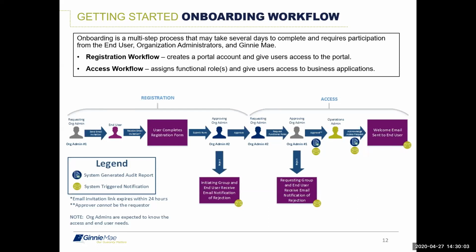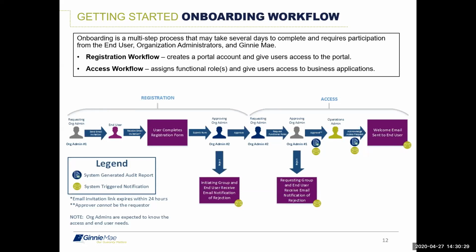So it starts on the far left side of the screen with that gray person who is an organization administrator. They're going to send a registration request to an end user. This is done through MyGinnieMae, and the end user receives an email notification with that link that we just talked about to complete a new user registration form.